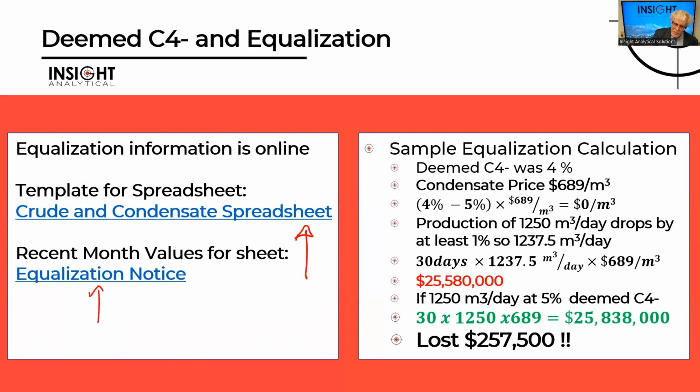So this link gets you the most recent month values. You have to change some numbers in the spreadsheet. You'll also get an email after this with a copy of that spreadsheet, the one direct from the website, and also a copy of that spreadsheet where I did the calculations you saw on the previous slide.